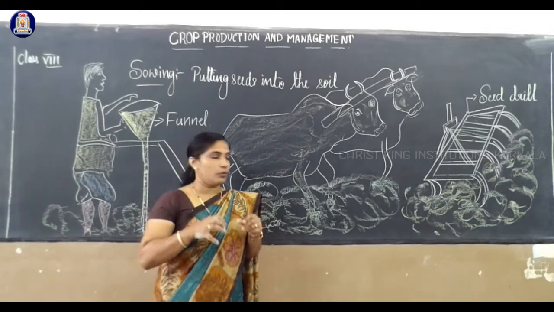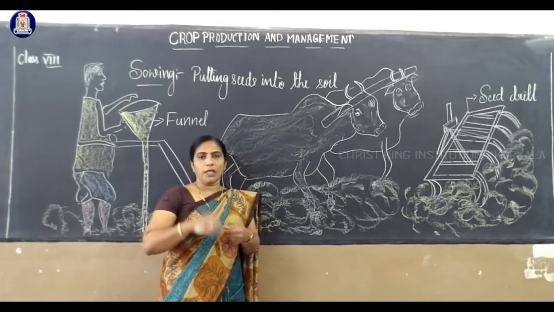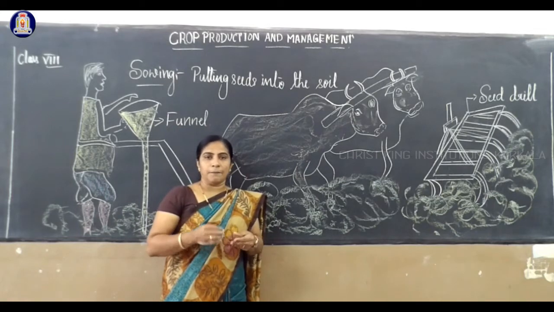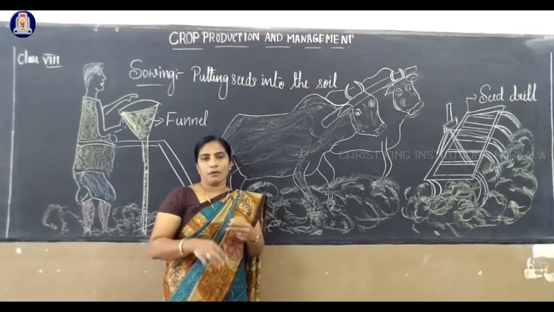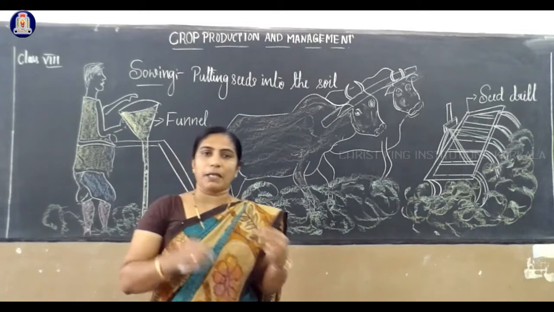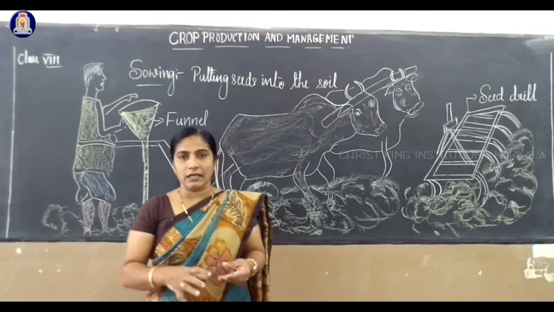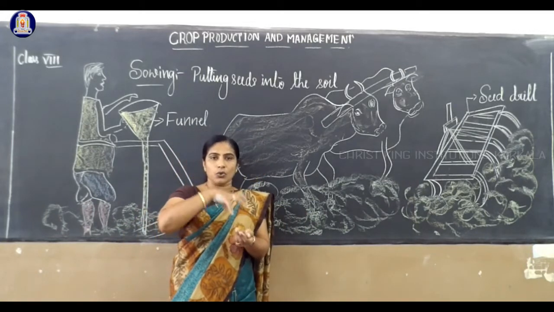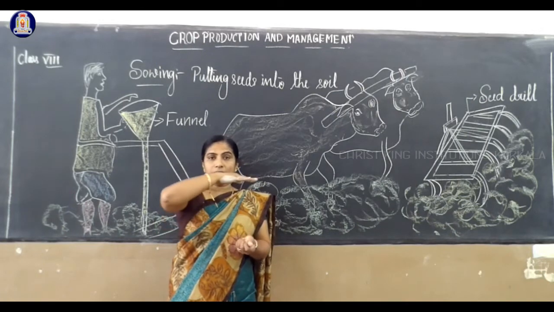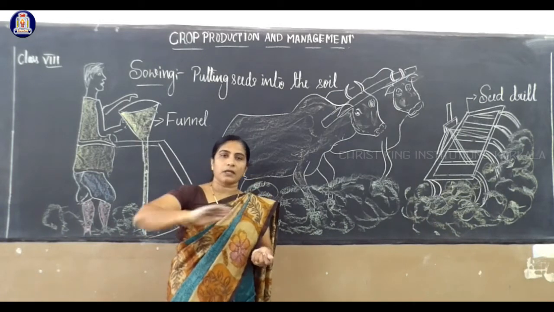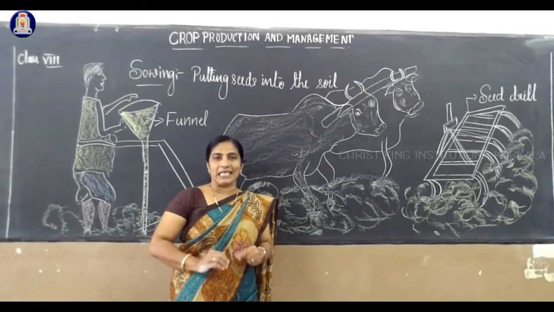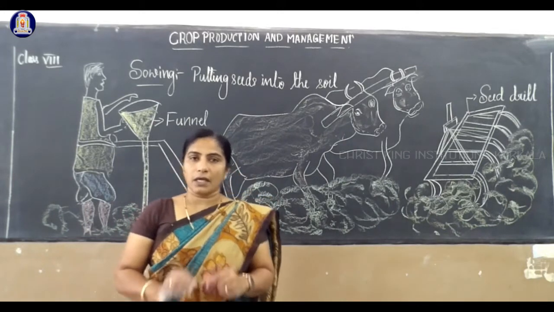You can also see this in your kitchen if you ask your mother. While preparing some of the dishes using pulses or cereals, while soaking them inside the water, whichever float on the top, we throw, and whichever sink at the bottom, we use.